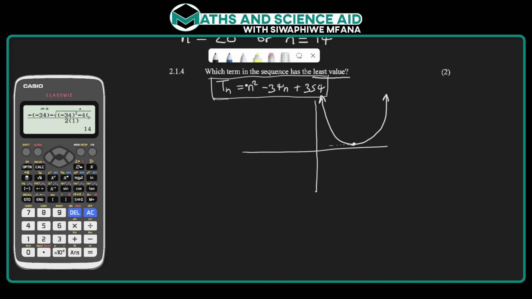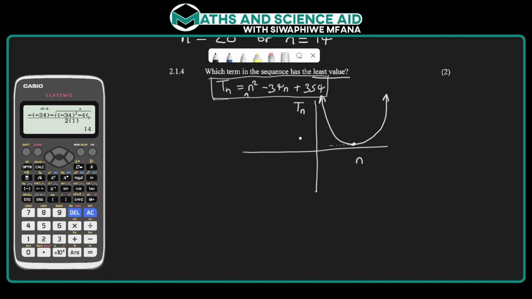Okay, and now if we translate this into a graph, it would be a parabola that is a smile, like this one that I have drawn, since our a value is positive. And now, in addition, along the y-axis, we would get the values of our nth terms. And then along the x-axis, we would have n, right?